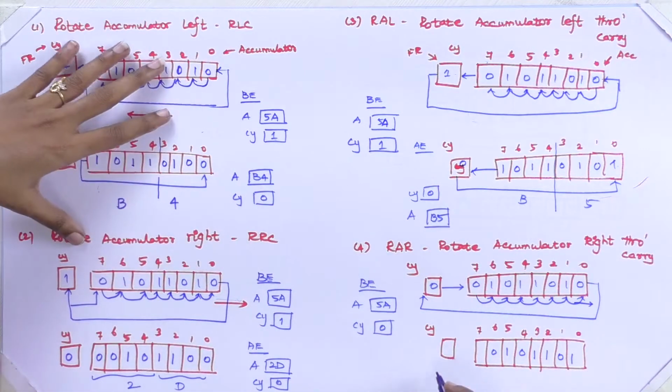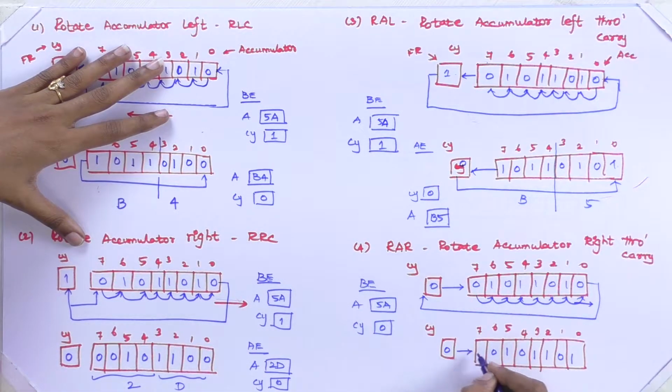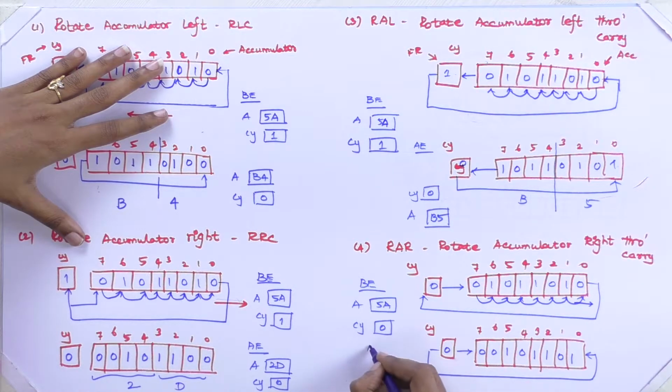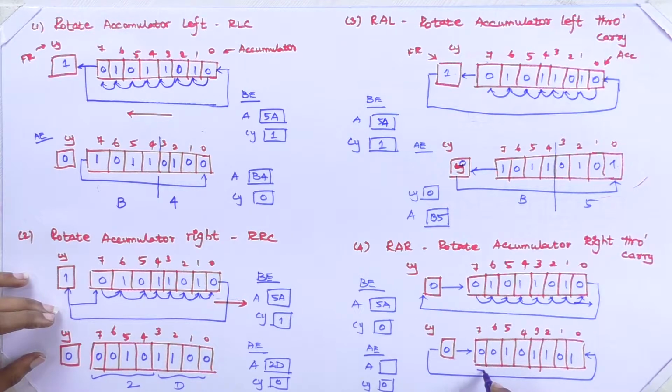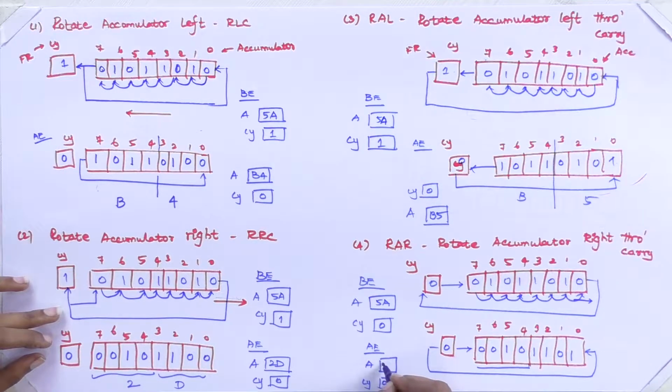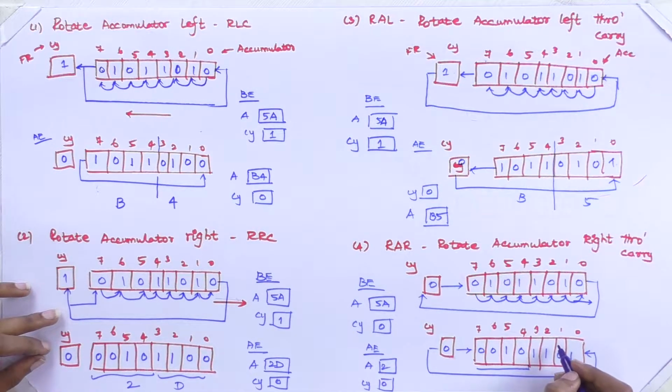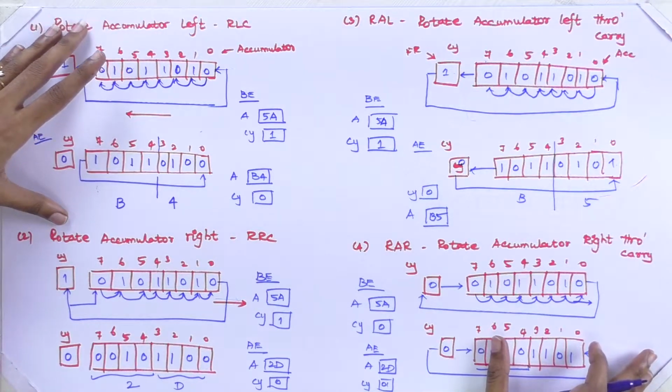Then the 0th bit is given to carry and the carry value is given to the 7th bit. So what's the value after execution? Carry has the value of 0. And now what value does the accumulator have? This is 2, and this is how the rotation takes place.